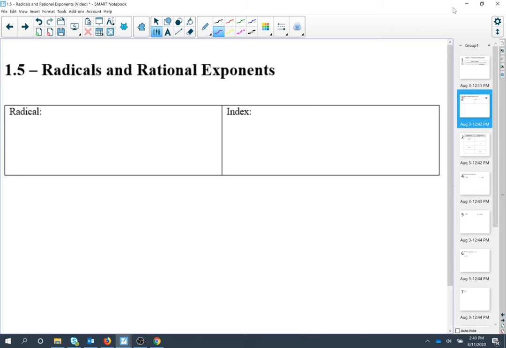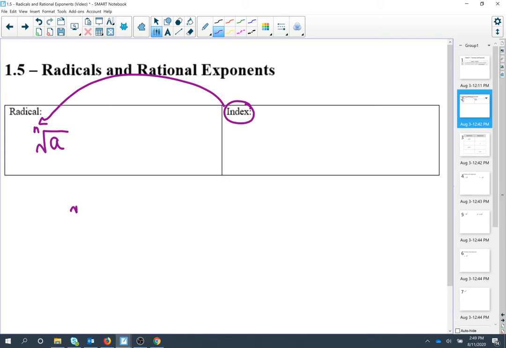So what I mean by a radical, you guys are typically familiar with square roots, is we have an expression that looks like this, where we have an n root of a, and that's pronounced the nth root of a. You could have a cube root, you could have a fourth root, you could have a fifth root, and the index is the n. So if we're talking about an index, the index could be 3, the index could be 4.